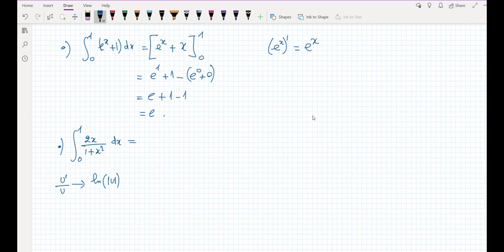So if we can write this function in the form of u prime over u, we can easily find the primitive function. Here you put the absolute value because we need to make sure that what's inside the ln is strictly positive.